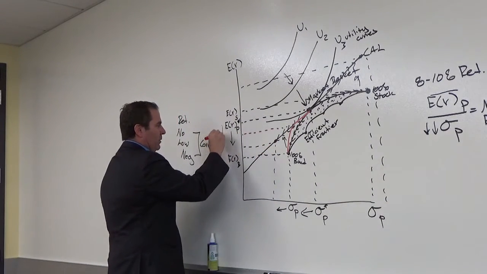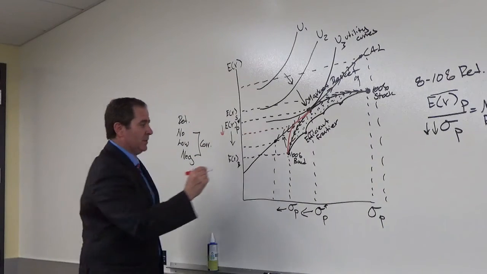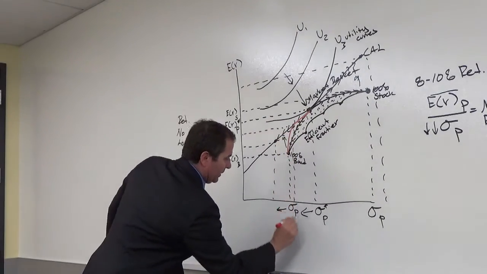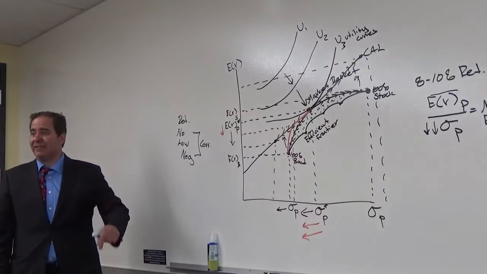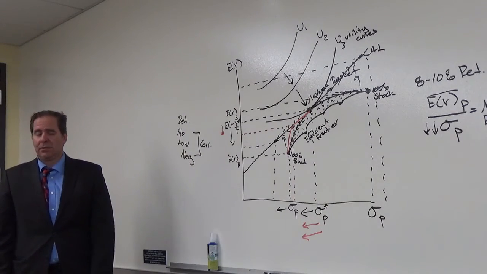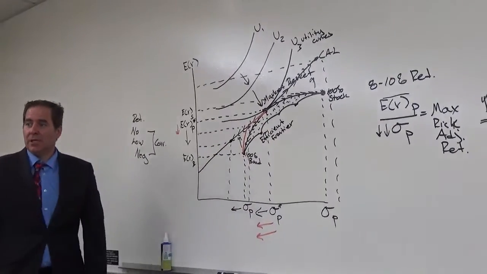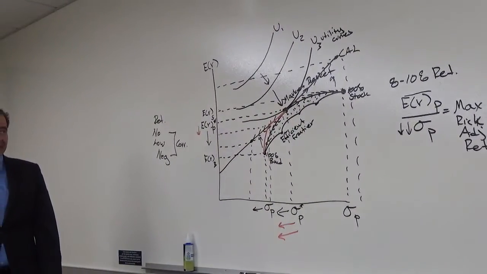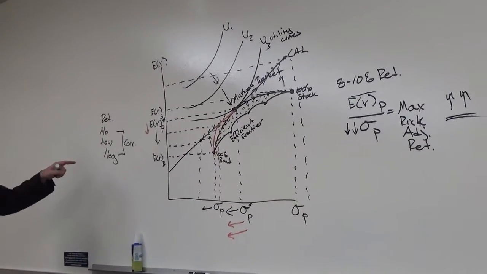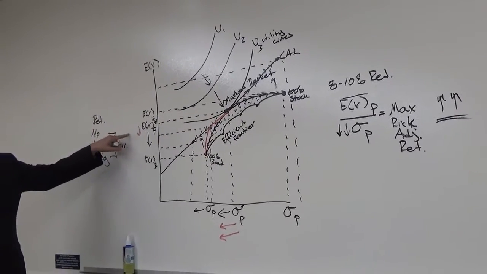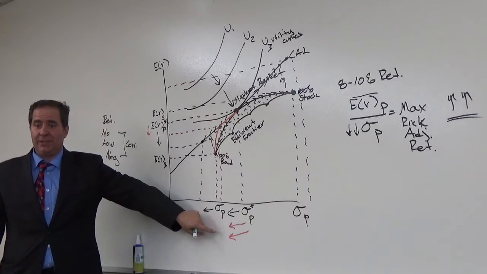So what it'll do is reduce the expected return on the portfolio, but it reduces the portfolio standard deviation significantly more. So if I can get my 8 to 10% rate of return locked in, and I can add assets to my stock bond portfolio with low or negative correlation, I will get lower expected return, but significantly lower risk in standard deviation.